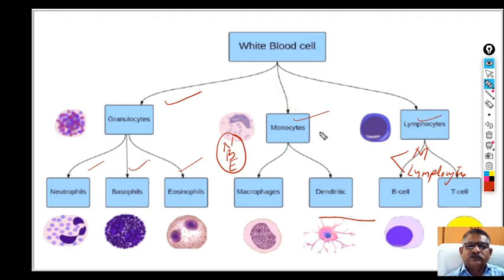Further, these monocytes, which are in circulation, when they come out of circulation and enter into tissues, are referred to as macrophages. Now these macrophages are named differently depending on their presence in a particular organ. For example, if the macrophages are prominently present in lungs, they are called alveolar macrophages. If they are present in liver, they are called Kupffer cells, and different names are given to them.